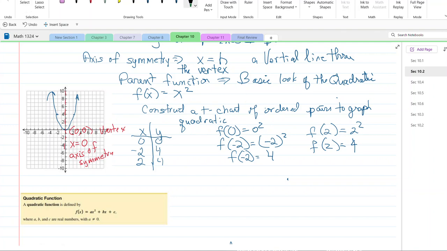So let's talk about that. Well, as we go from left to right, what is happening? Well, first off, it's decreasing till it reaches the vertex. Then it changes direction and increases from the vertex.